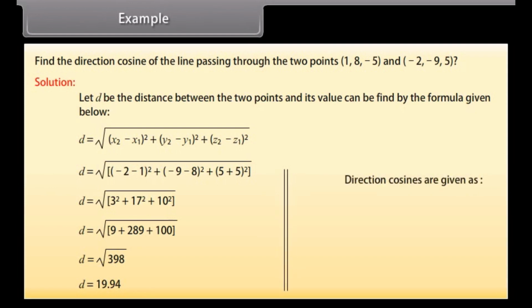Direction cosines are given as L equals minus 3 by 19.94, M equals minus 17 by 19.94, N equals 10 by 19.94.